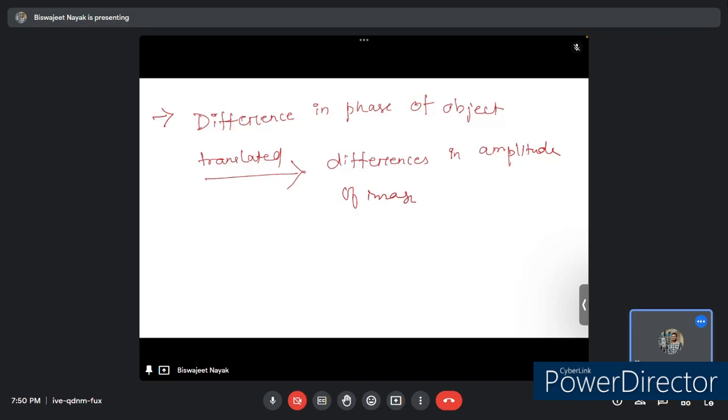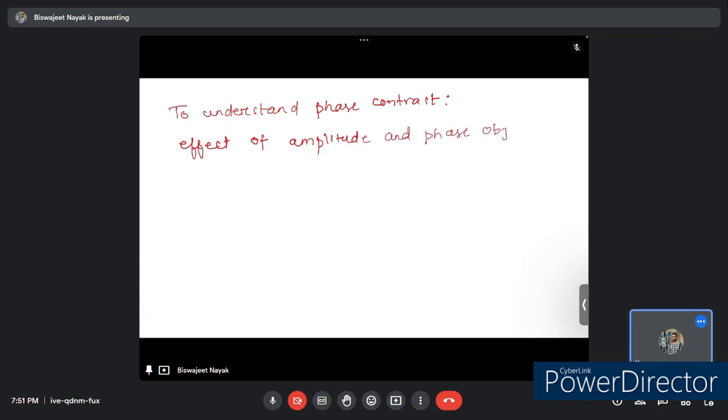To understand this phase contrast, we have to look at the effect of amplitude and phase objects. Let's say we have a reference wave.